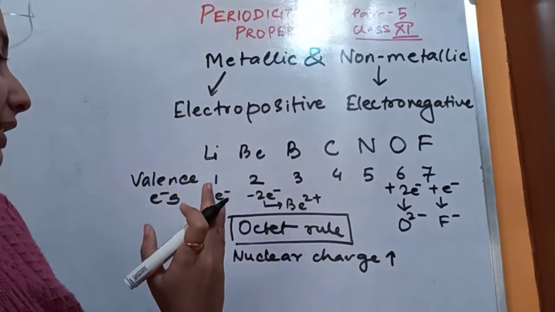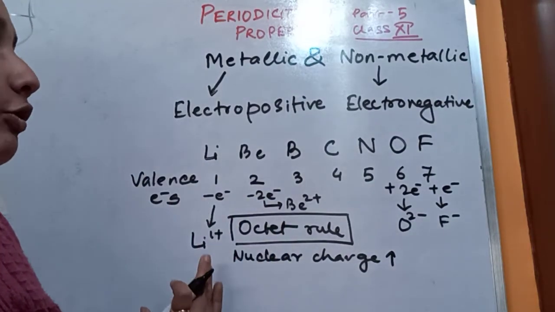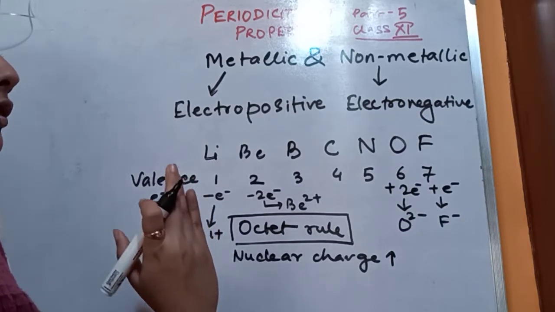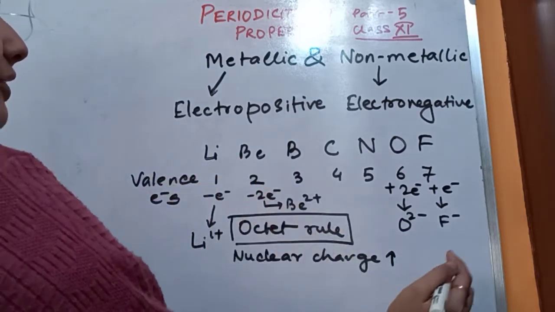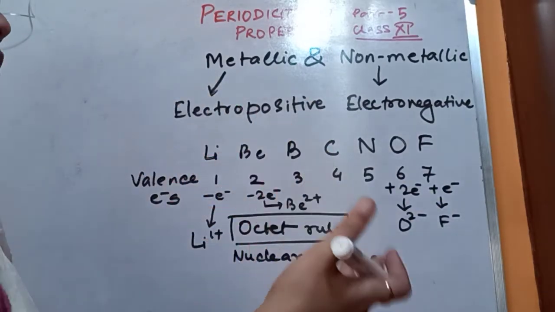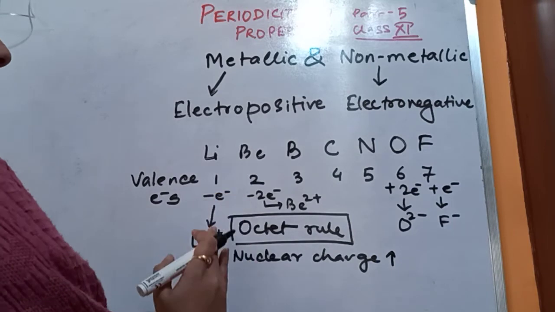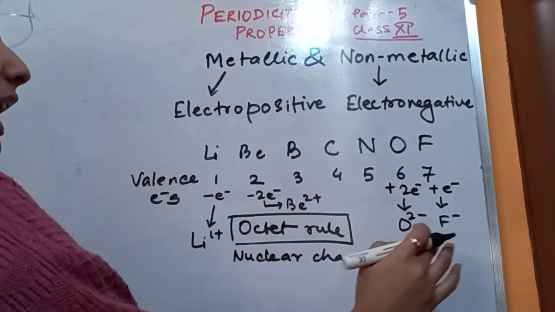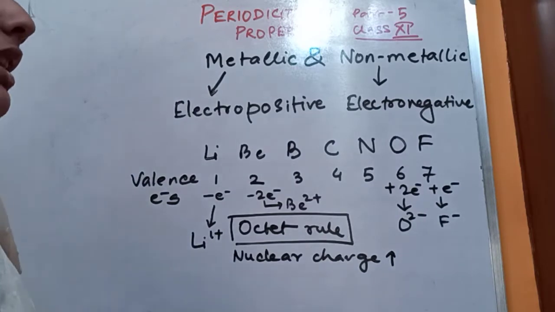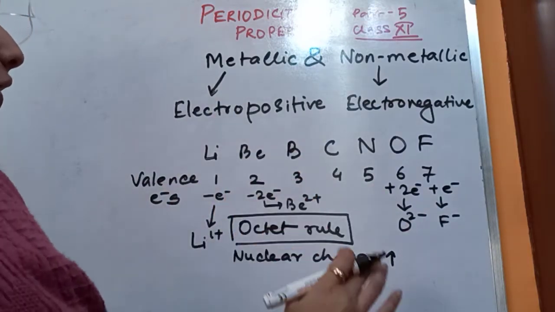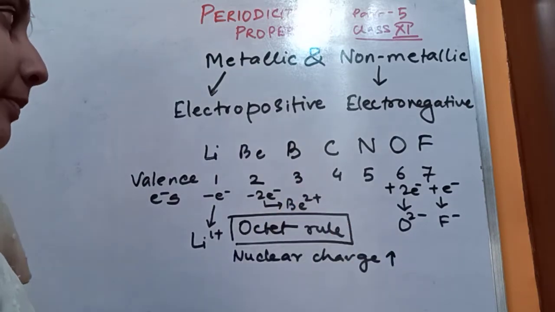So, for the left side elements which have a low nuclear charge, their outermost electrons are not as tightly held as the right side elements which have higher nuclear charge. So, they will easily lose electrons and the right side elements will have to gain electrons because they cannot lose electrons because of their high nuclear charge.